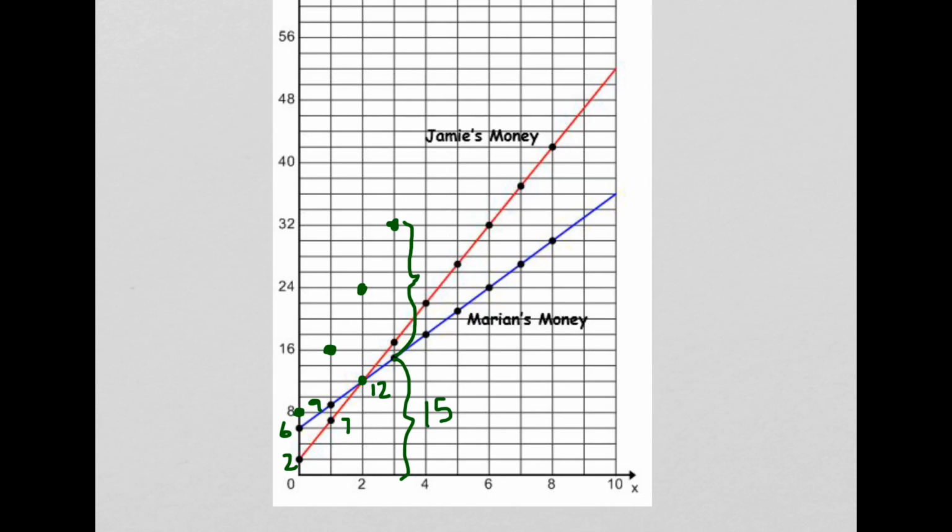Okay, let's do that again. I'm going to erase this to show a little bit more room. So we're going to start with the blue line from here to here. That is 18. And the red line at the same x coordinate, at week 4, Jamie at week 4 had $22.